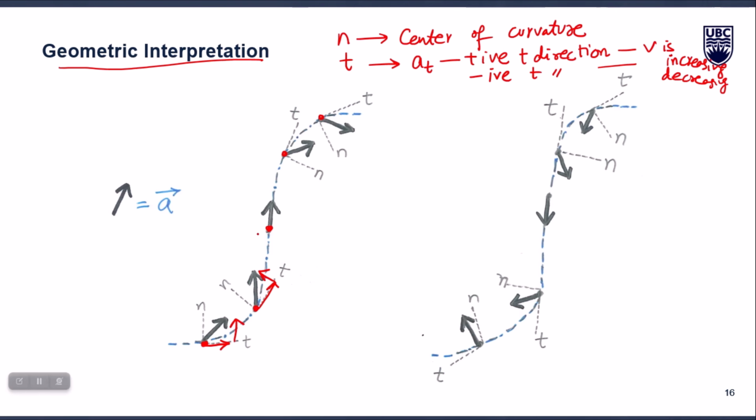It only has one component, which is the t component, and that is the only component; there is no n component. Here at this point again I can take a tangent, so this will be t, this will be n. n is now directed towards the center of curvature, which shifts to somewhere here. Previously it was somewhere here. So now the center of curvature changes, and the n component also changes.